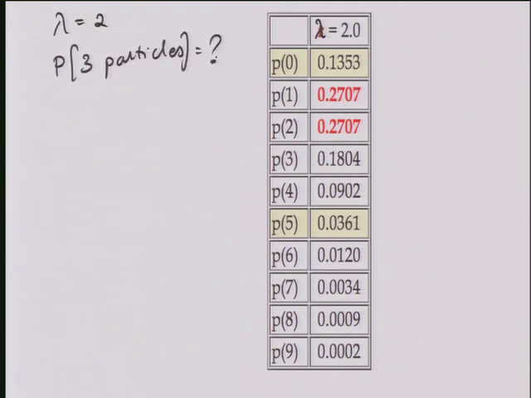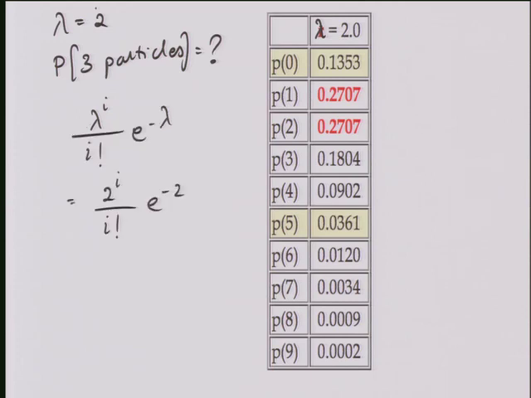You can do that by just computing. The chance of getting i particles is lambda to the i over i factorial, e to the minus lambda, which is 2 to the i divided by i factorial, e to the minus 2, because the rate is 2.